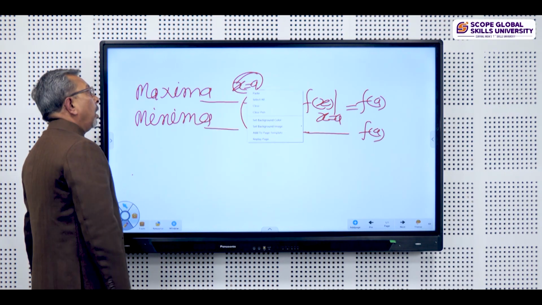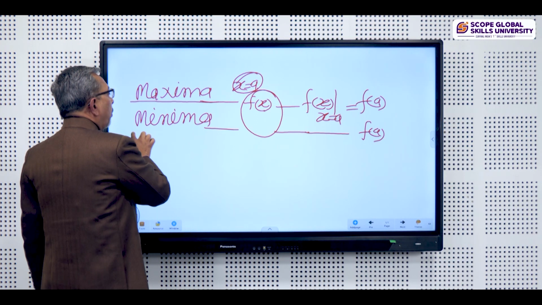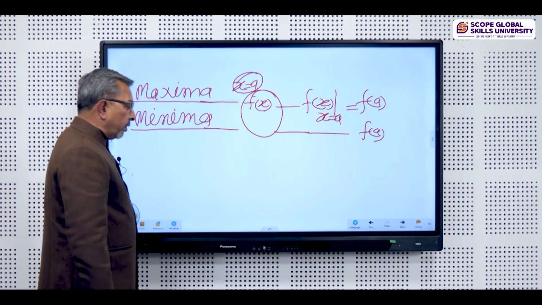According to that, we will decide the maximum value as well as the minimum value of the function.